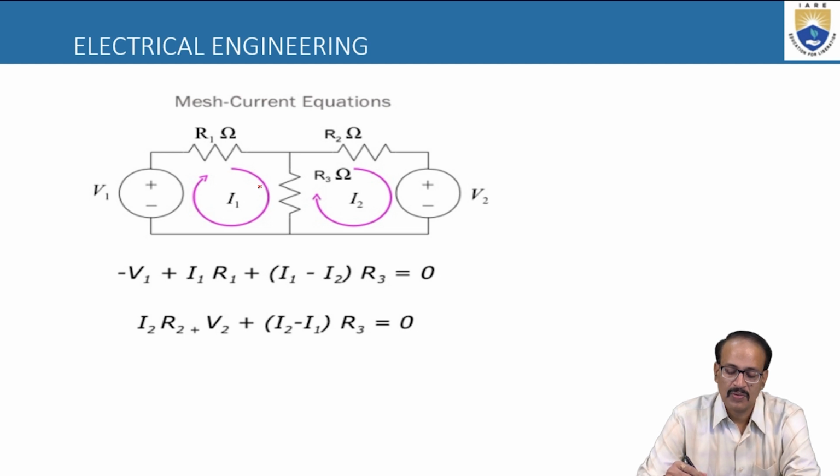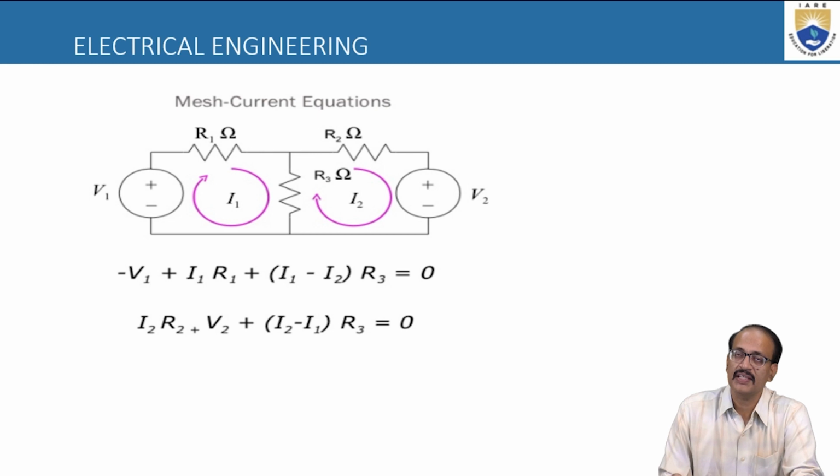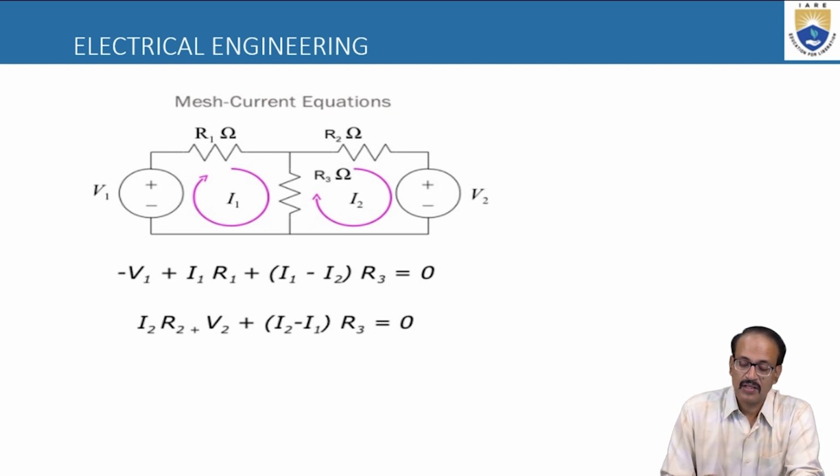Since I am writing about the first loop, I will write I1 minus I2. If I am writing for the second loop, I will write I2 minus I1. So that is I1 minus I2 into R3 equal to 0. So this is how we have to form the equation. And if there are values, we can solve the equations.